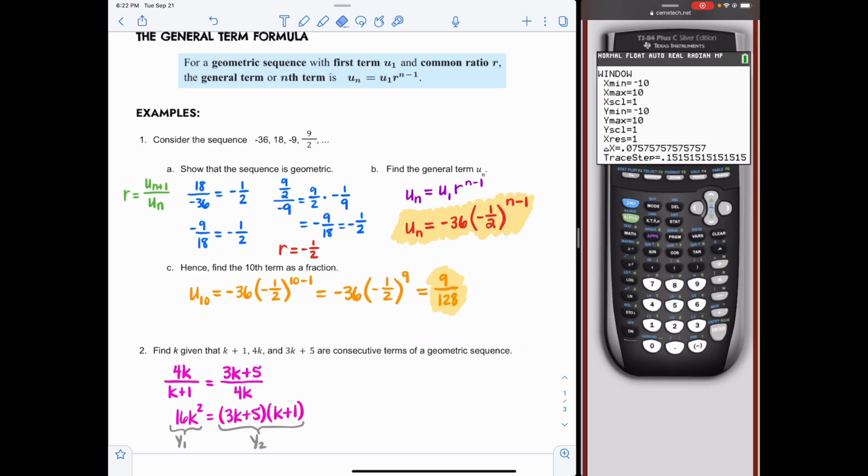So when you press window, you can scroll down to the Y max, and you can change the largest Y value that you can see on the screen. Let's change it to 20 and then graph it.